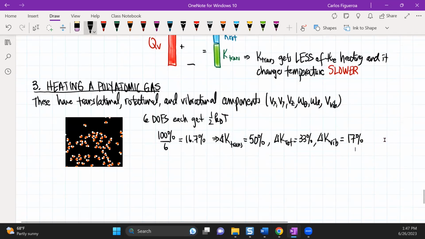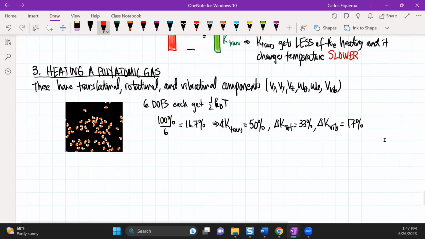So now, again, let's deal with the bar diagram. If I look at the bar diagram, I then see here that I have this kind of heating. And what is this heating going to do? It's going to change the kinetic energy how? Well, it looks like this is about half right there.